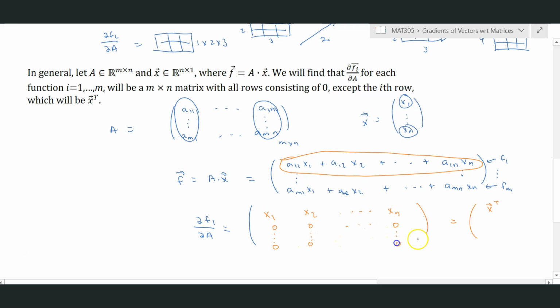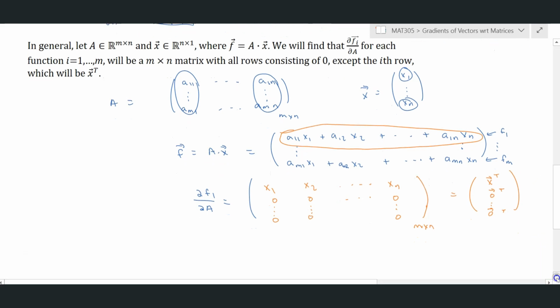Only the row that has the elements consisting of what elements are in our current f will return the values of x. All of the other rows will return 0. So how big will this be? Well, this will be m by n. So for each function, we're going to get an m by n matrix.